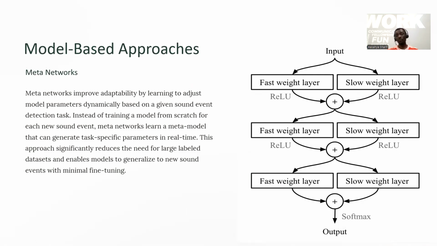They combine fast weight layers and slow weight layers to make predictions in these neural networks. Thus, this approach significantly reduces the need for large labeled datasets and enables models to generalize to new sound events with minimal fine tuning.